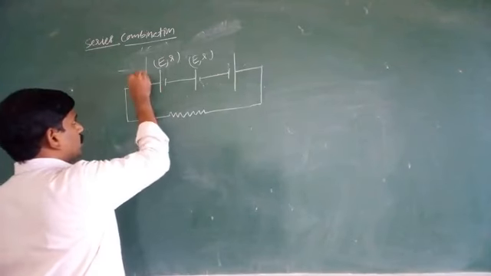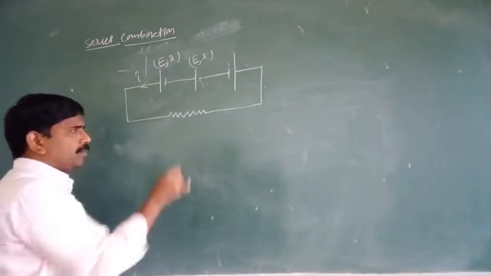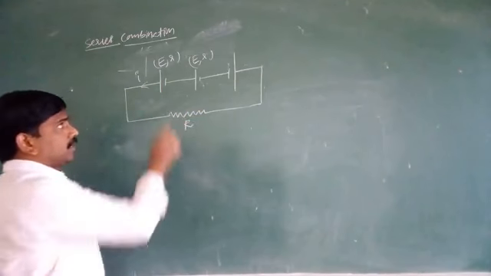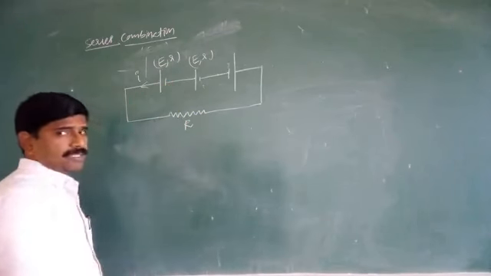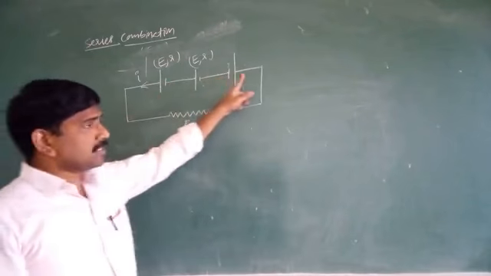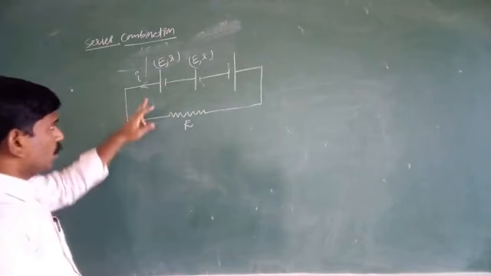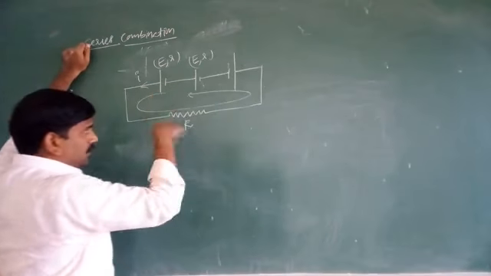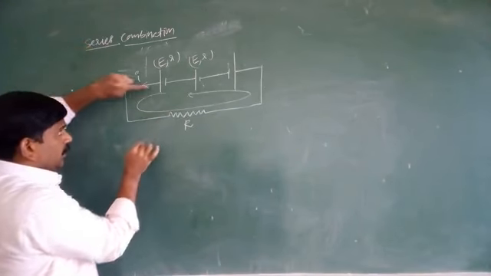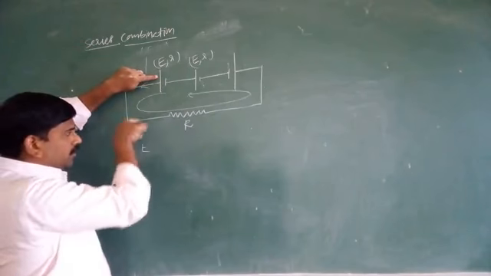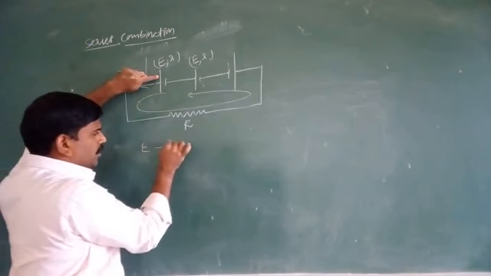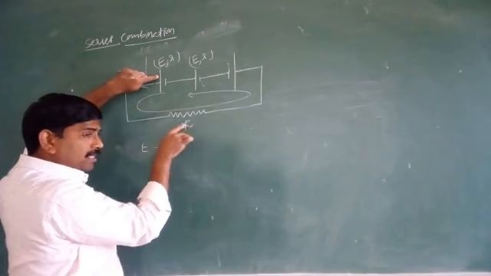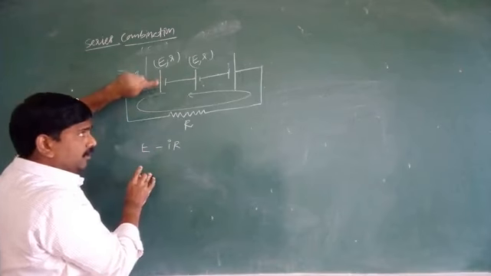Apply here, I is the current passing through the external resistor. Here internal resistances are present. When we apply the Kirchhoff voltage law for this loop, starting from the positive terminal of the battery, E minus the potential drop across the external resistor, that is IR.